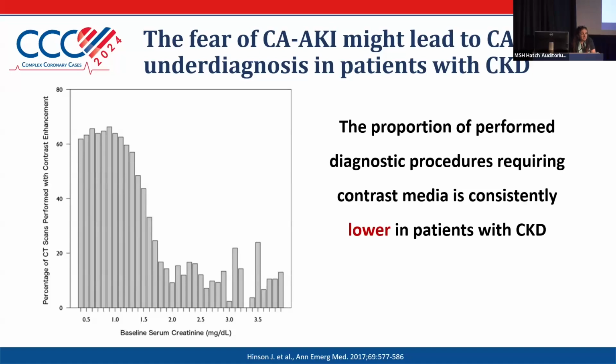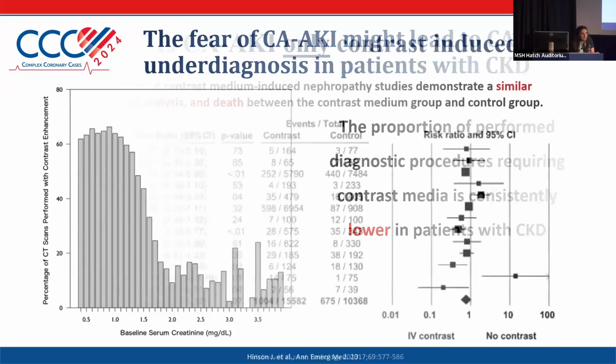And the fear of this might lead to underdiagnosis, actually, especially in those patients with CKD. And, you know, it's very important that the proportion of performed diagnostic procedures requiring contrast media is getting lower in patients with CKD because we're worried. So we're doing calcium scores or echoes or other things and not referring them. And that isn't the way to do it.